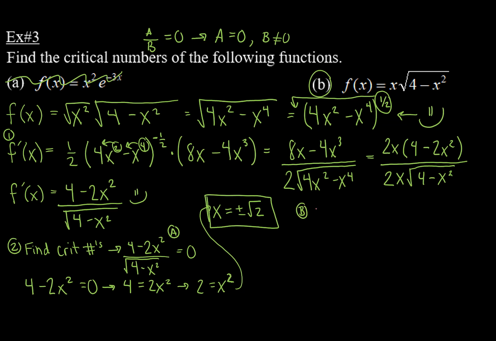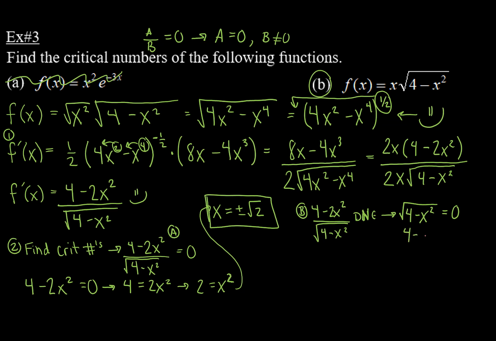Next, we look for where it does not exist. So if I have this function, this fractional function, I need to look at, it's actually a fractional and a radical function. I need to look at where it doesn't exist. Well, there's 2 places where it doesn't exist. The first one is when the denominator equals 0.